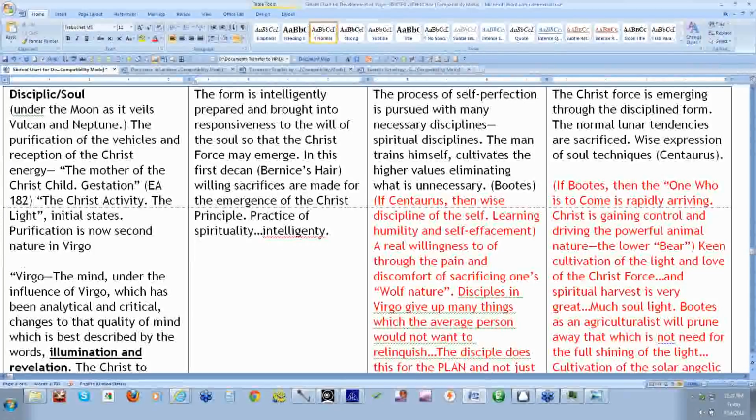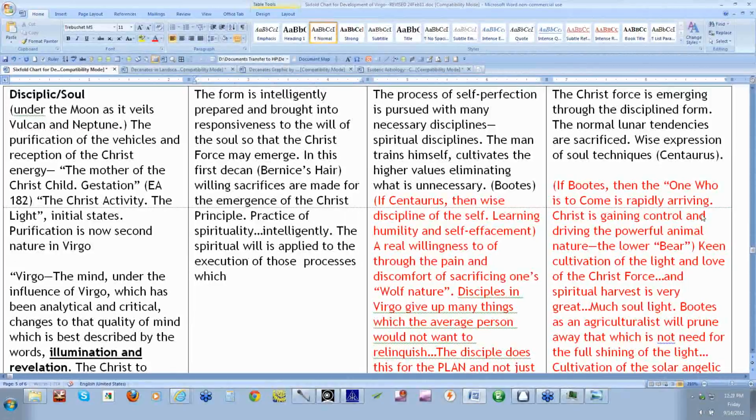So the practice of spirituality here intelligently, and a mental realization that nothing is more important than the emergence of the Christ force, and because there is a Vulcan here, the spiritual will is applied to the execution of those intelligent processes which help the Christ force emerge.